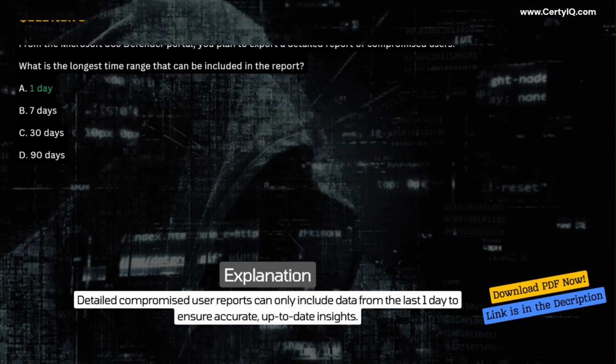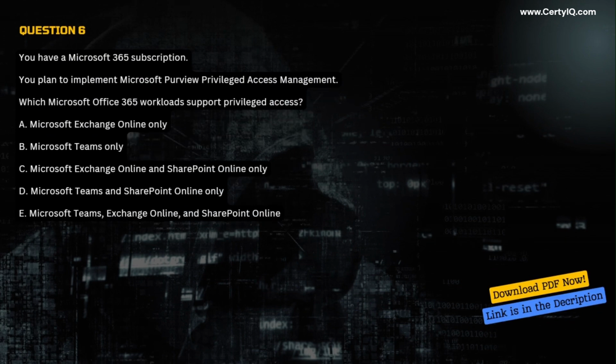insights. Question 6. You have a Microsoft 365 subscription. You plan to implement Microsoft Purview Privileged Access Management. Which Microsoft Office 365 workloads support privileged access? A. Microsoft Exchange Online only. B. Microsoft Teams only.